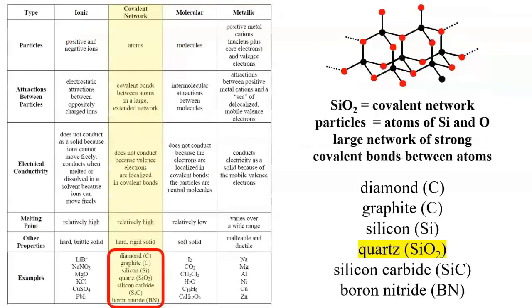On the other hand, SiO2 is one of the examples I asked you to memorize: diamond, graphite, silicon, quartz, SiO2, and then silicon carbide and boron nitride. So since SiO2 is an example of a covalent network solid, atoms of silicon and oxygen, extended network of strong covalent bonds between the atoms.